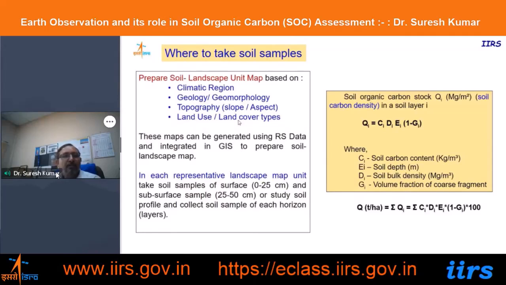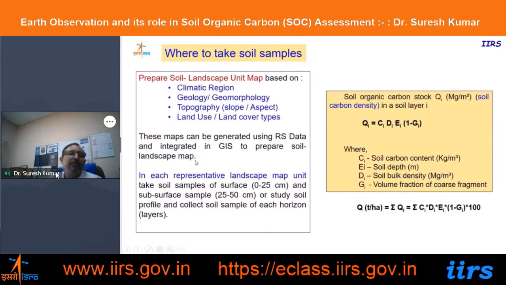So in general, we take four maps: climate region map, geology or geomorphology map, topography or slope map, and land use map. These maps are integrated in GIS to prepare the soil landscape map.